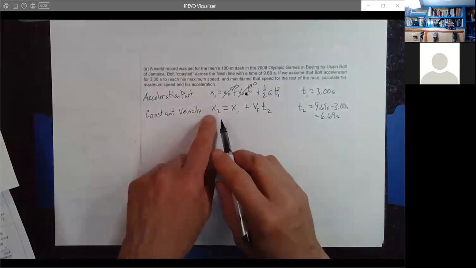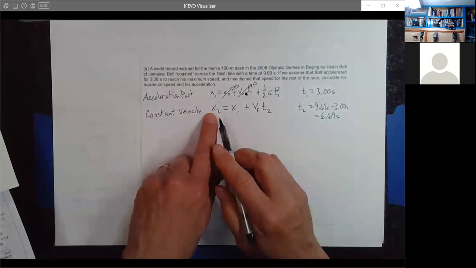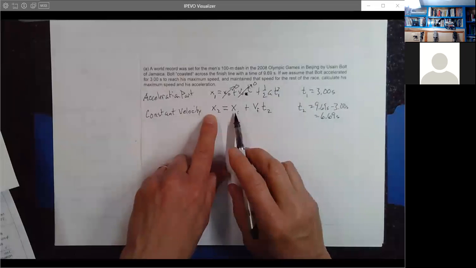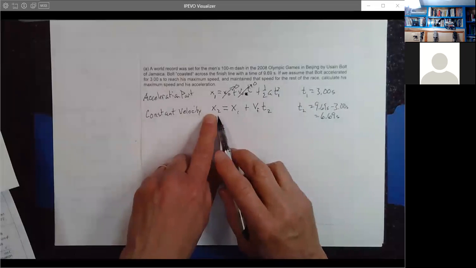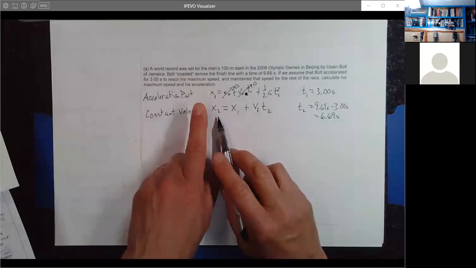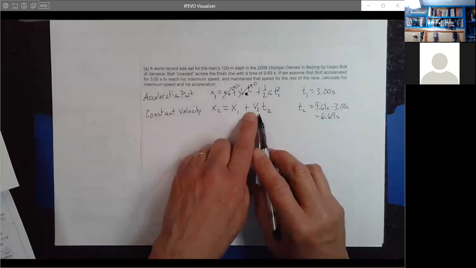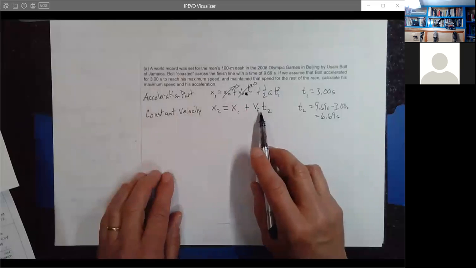Okay, I know that if I knew what x1 happened to be, I could plug this in here. x2 will end up being 100 meters, good to a whole bunch of significant figures, so that's not going to be our problem. But I don't know this v final, and that's something that's handicapping me.